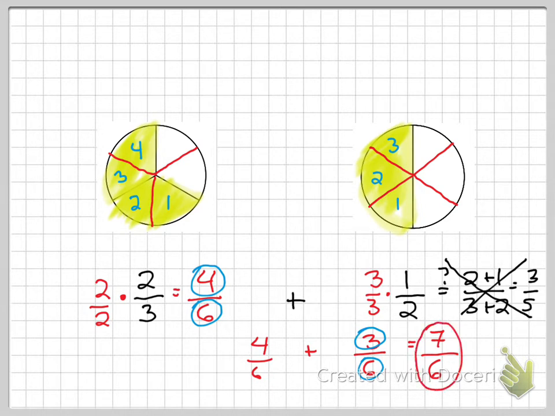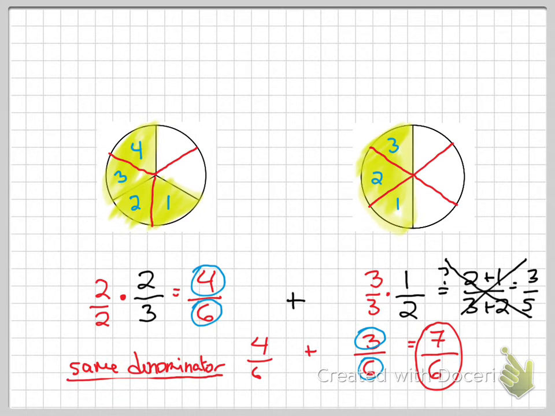So again, the way we add fractions is we add across in the numerator and we leave the denominator. And again, we cannot add fractions unless we have the same denominator. Okay, so when our pieces are divided into different size slices, then we cannot add. We have to get the same denominator or the same size pieces before we can count them or add them.